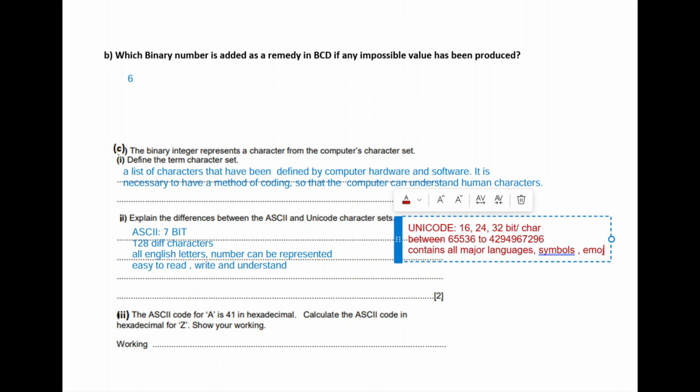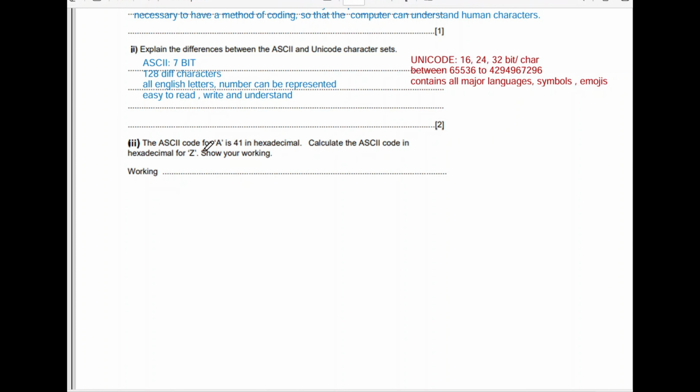Okay, the next question is that the ASCII code for A is 41 in hexadecimal. Calculate the ASCII code in hexadecimal for Z. This question is a little bit tricky. The 41 value is given in hexadecimal and you need to figure out the value for Z, right? First you need to convert this 41 into its equivalent decimal.